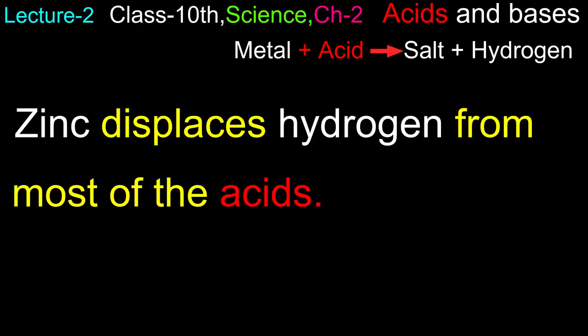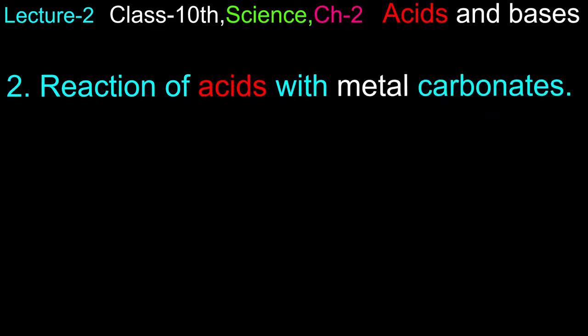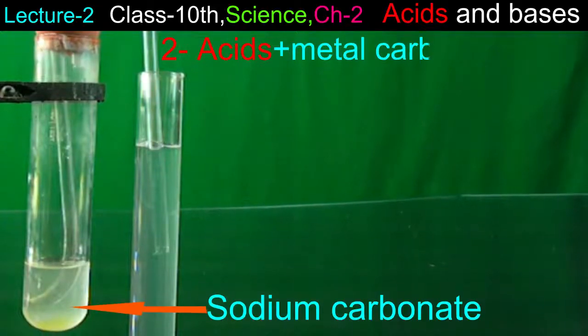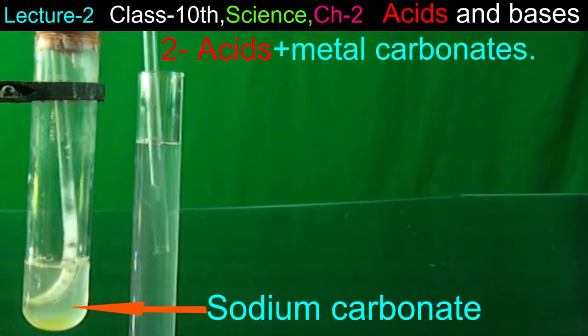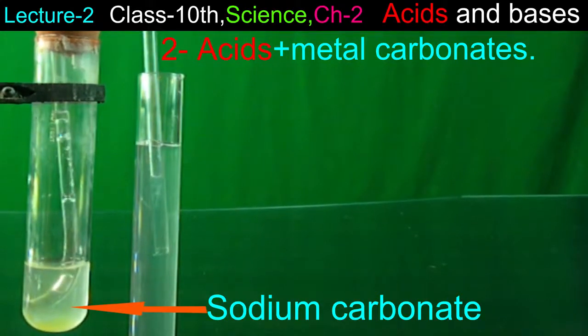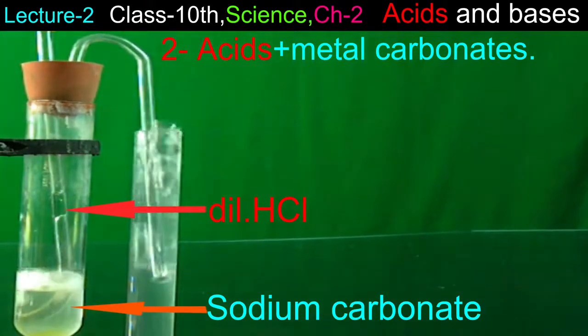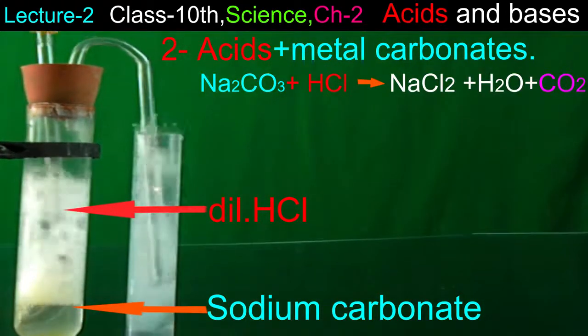Now I carry out next activity number 2, reaction of acids with metal carbonates. Here in this test tube, I have taken aqueous solution of sodium carbonate and I add dilute HCl into it. The reaction is quite vigorous. Here gas is evolved rapidly.